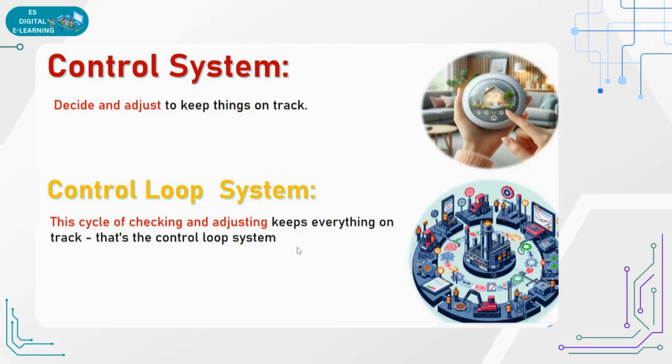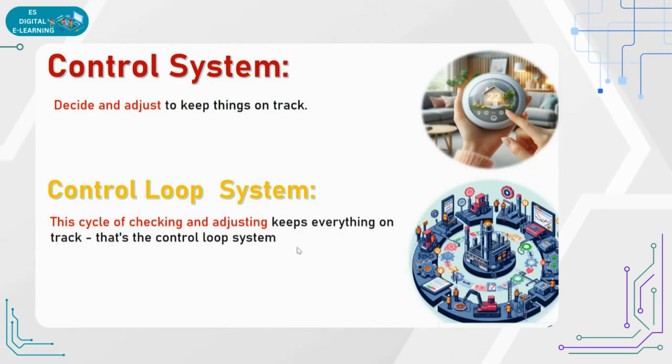And what is a control loop system? The control loop system will automatically adjust. Like if the outside temperature is increasing to 44 degrees, the temperature inside the room will always be constant. It will always maintain 24 degrees centigrade, whether it increases outside or not, with no difference.